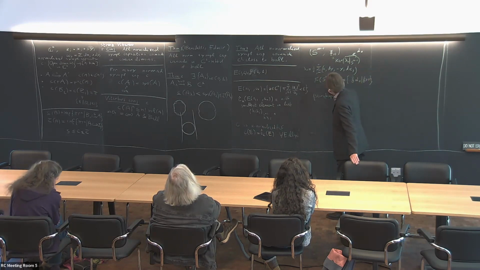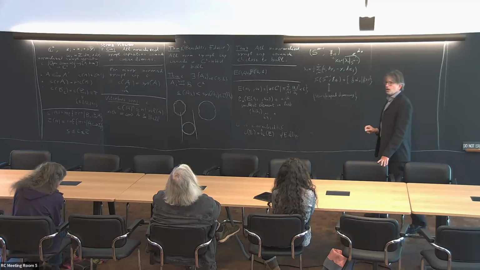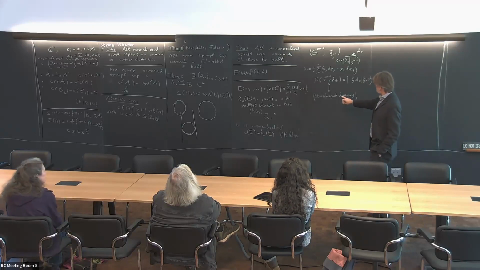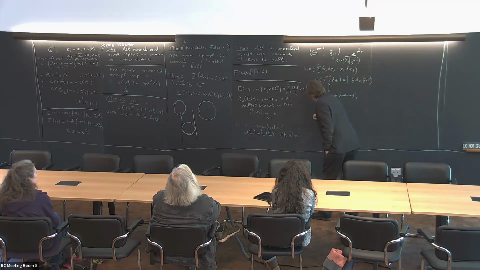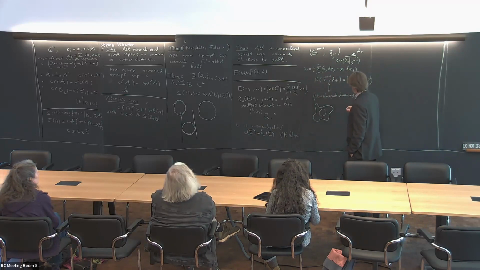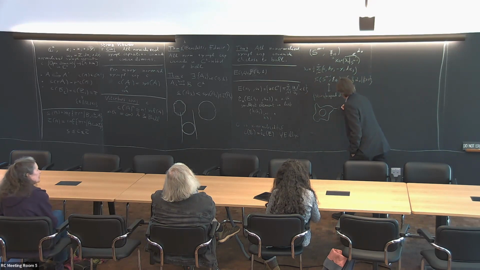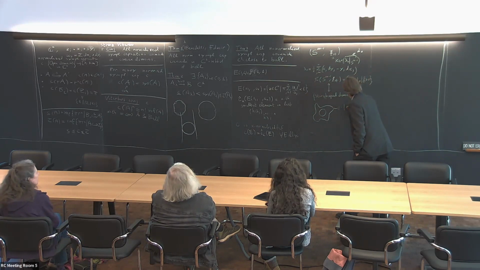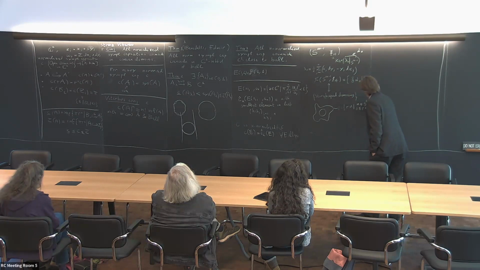And the correspondence is given as follows: I see my star-shaped domain as the set of points of the form R U, where U is in the sphere and R is between 0 and f of u squared.